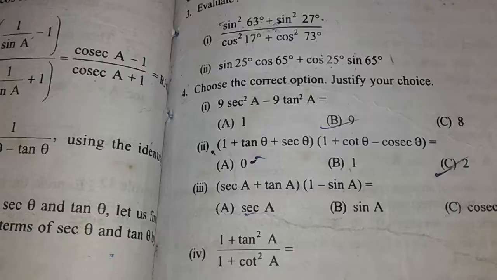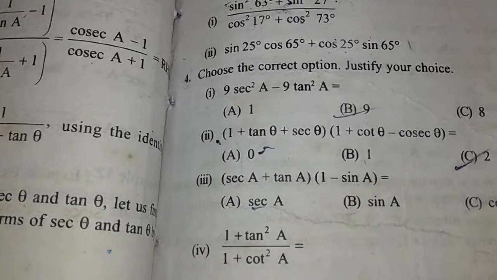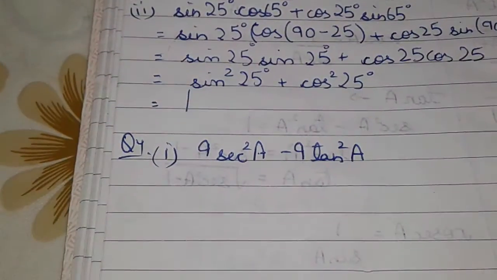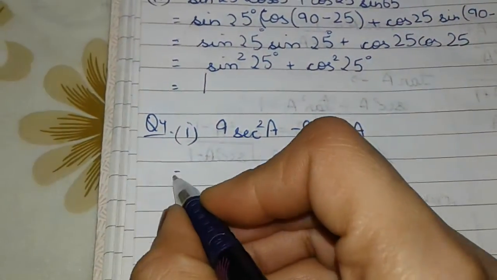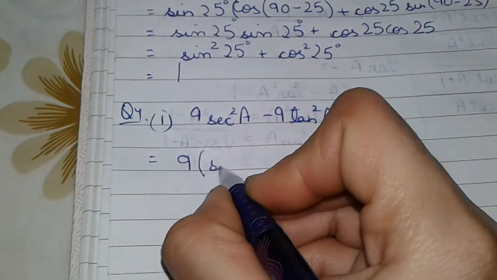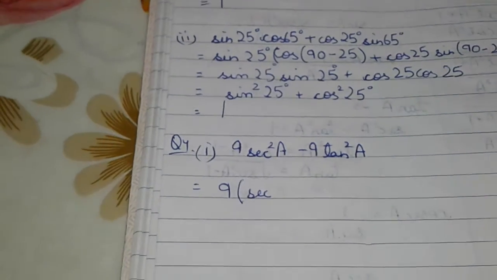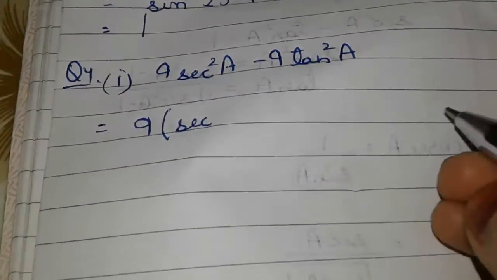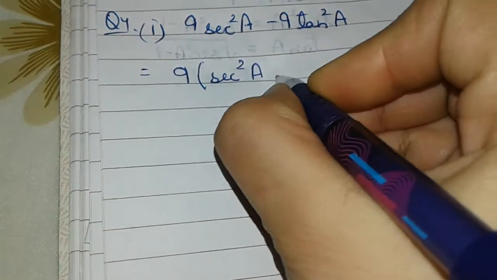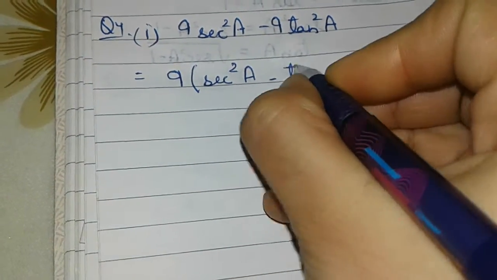Now let's take question number 4. Choose the correct option, justify your choice. The first part is 9 sec square A minus 9 tan square A. Write down this question. Here is the question. Now take 9 as common from both these terms. It will be 9 (sec square A minus tan square A).